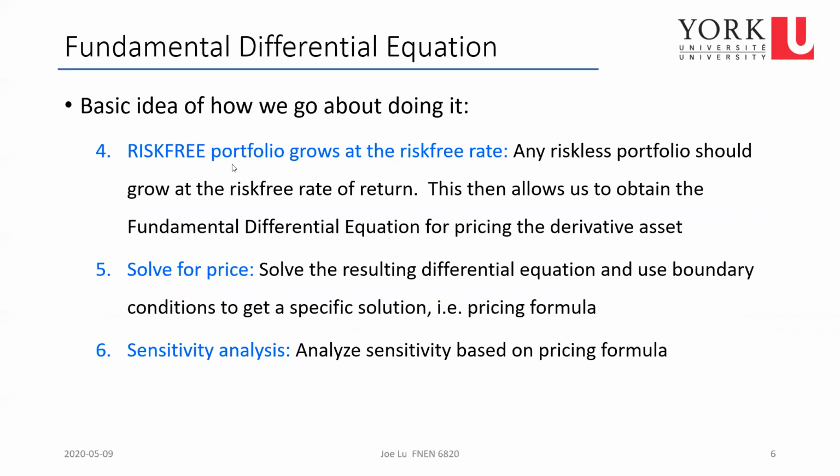And being a risk-free portfolio, that means this portfolio must grow at the risk-free rate. So the difference between the future value of the risk-free portfolio and the current value of the risk-free portfolio is really this growth at the risk-free rate.